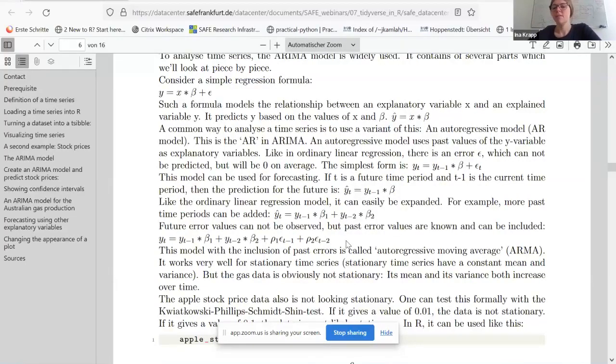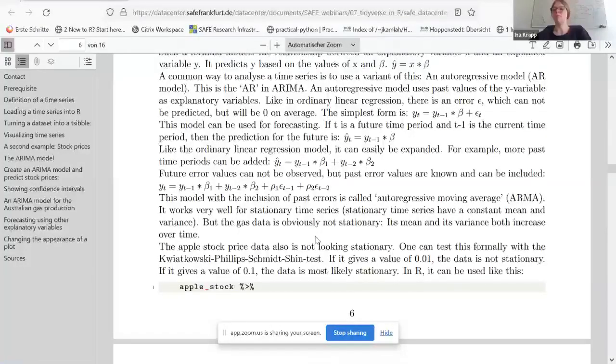And this variant of the model, which includes past errors, is called autoregressive moving average. It is called that because if you have a model which only contains these past error values, this model will have a property to predict that the y value will move towards an average. So this is where the name comes from.